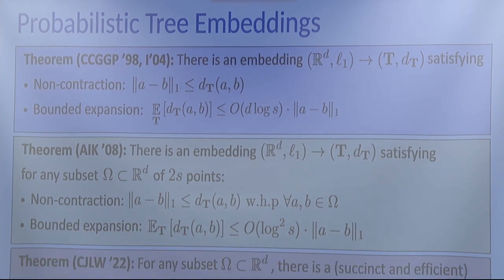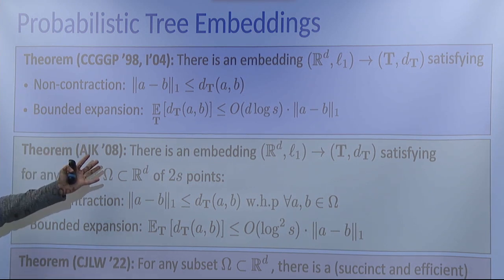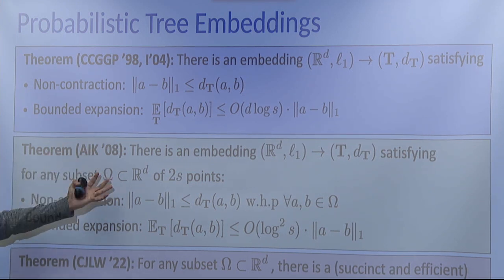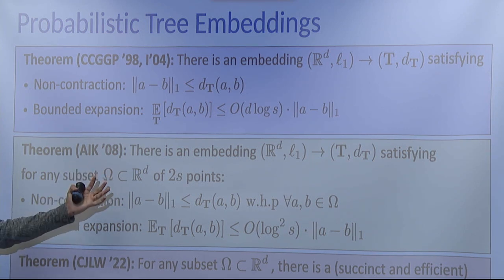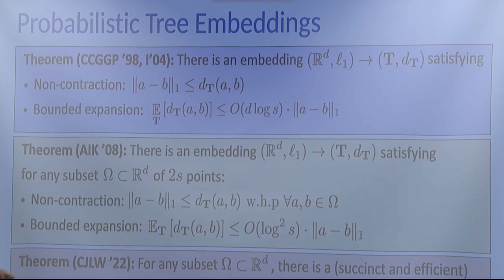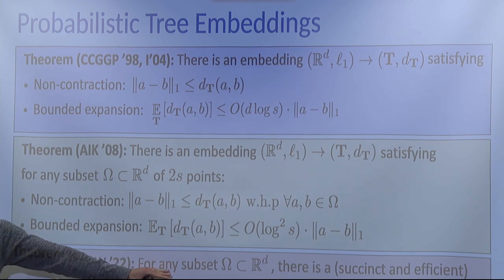And then what we did a few years ago was essentially switch the quantifiers in this statement and show that by doing so, you could get improved bounds. Let me just tell you what we did. This was a few years ago with Chen, Jayaram, Levi, and myself. We showed that, imagine now you don't come up with a distribution first. First, fix the subset of points.